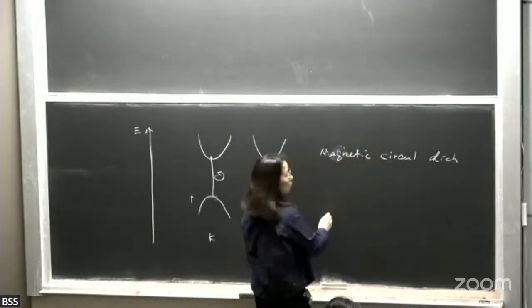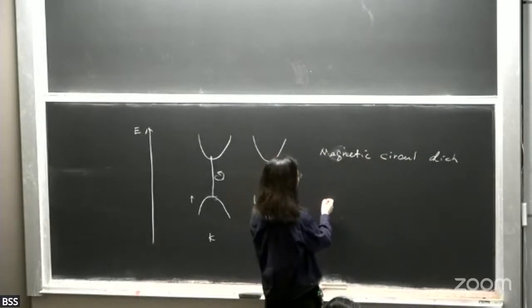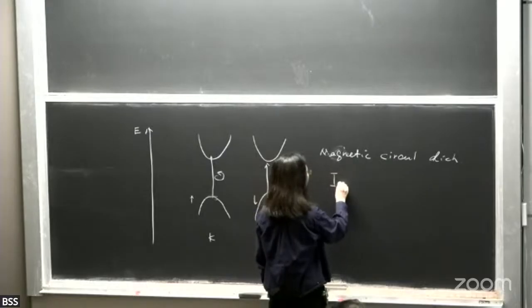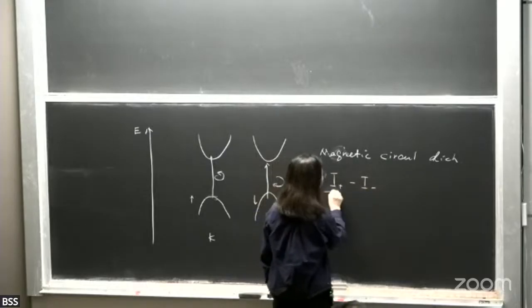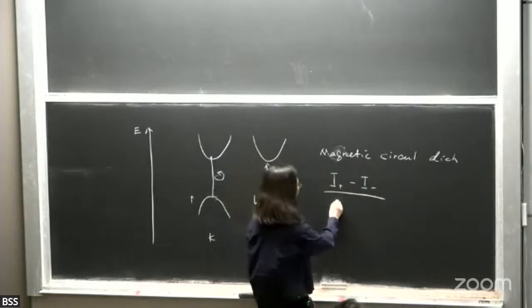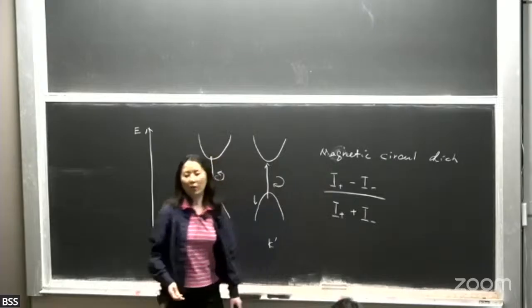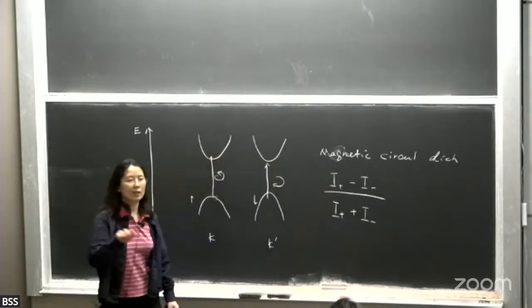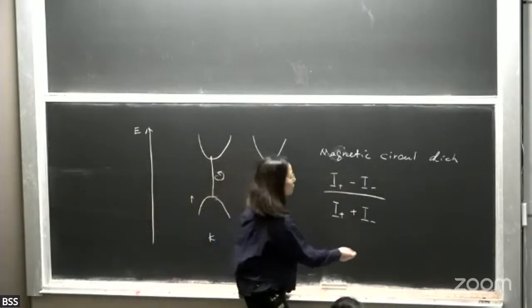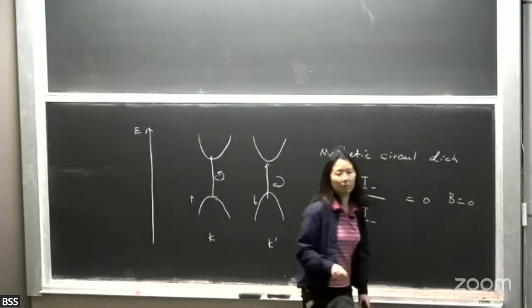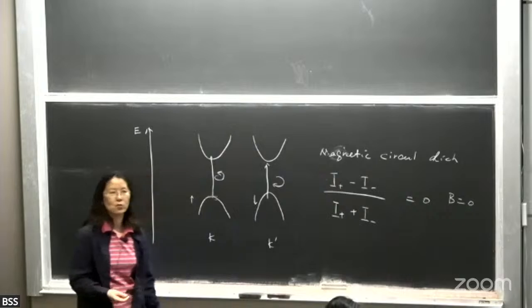So we just look at the difference between left-handed and right-handed, and let's normalize it. So let's say this is the reflective intensity of the right-handed, left-handed, the difference, right? So this is 0 when magnetic field is 0 because you have time reversal symmetry.